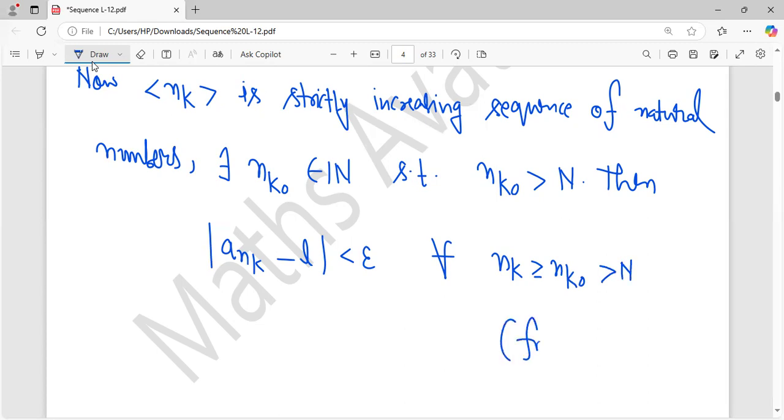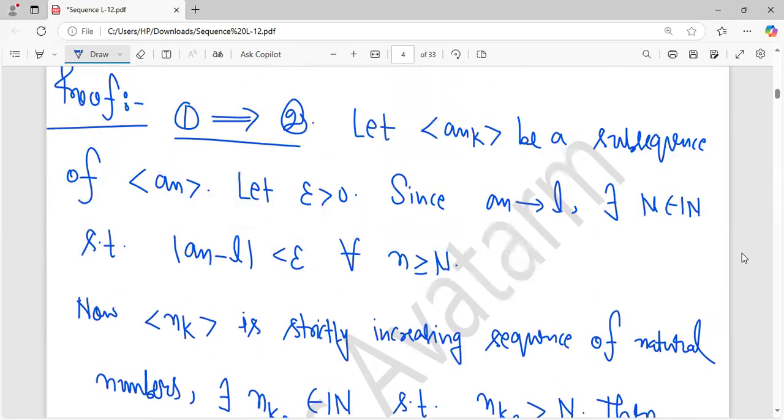This follows from star. So why is this happening from star? Let's say this star.